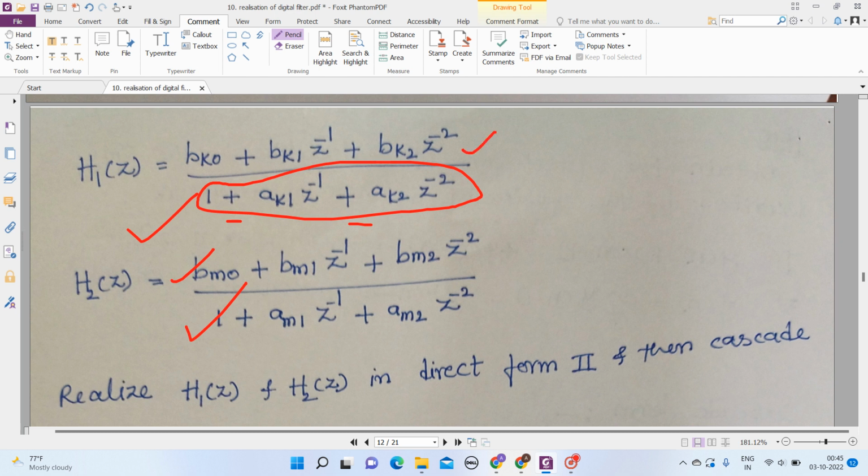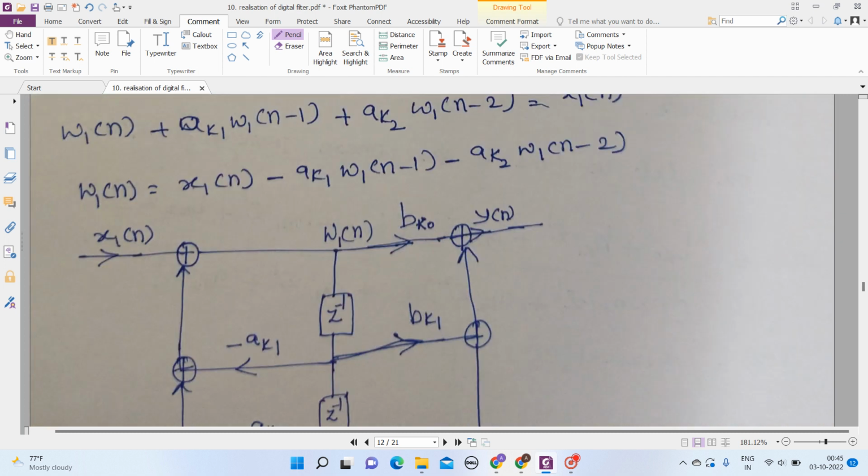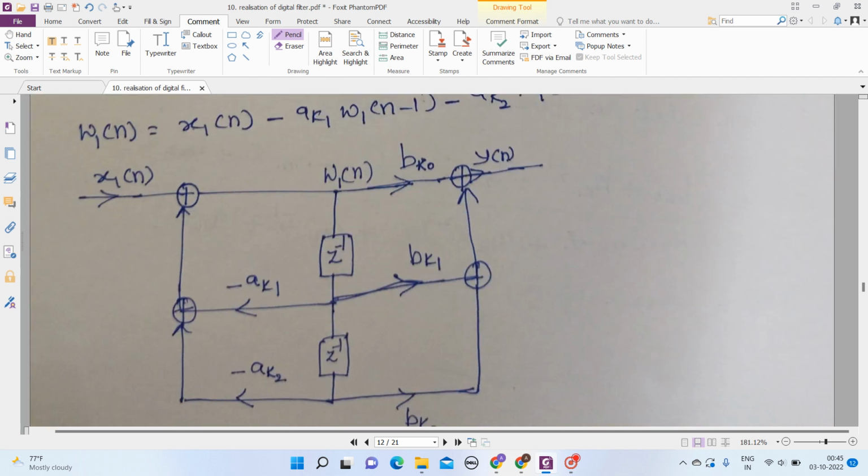See here, first one is 1, thereafter minus a subscript k1 z inverse, plus minus a k2 z to the power of minus 2. This is the denominator equation, and this is the numerator equation of H1 of z.